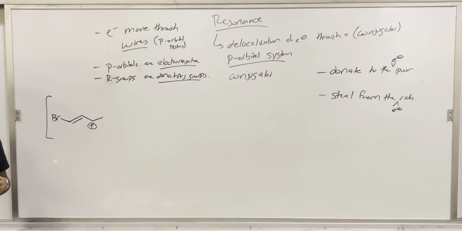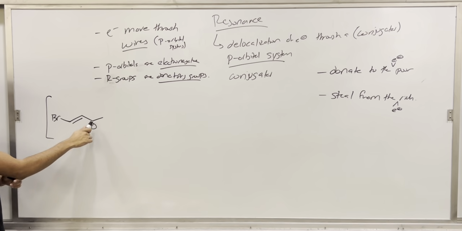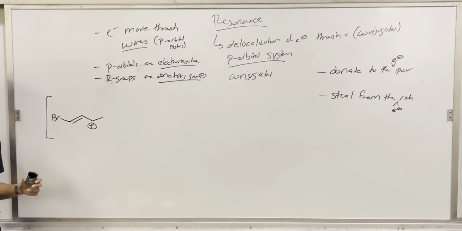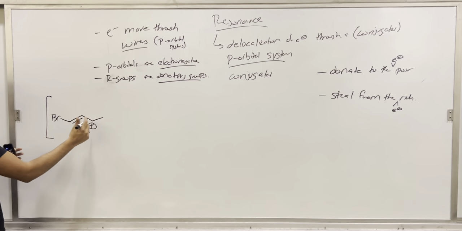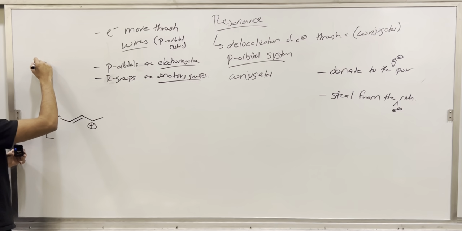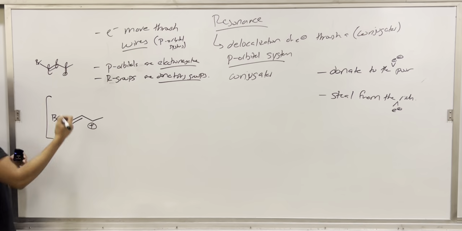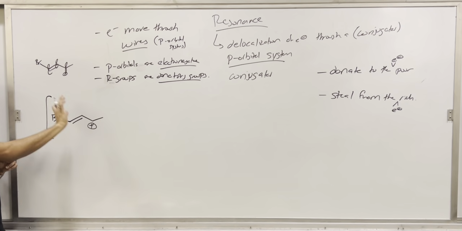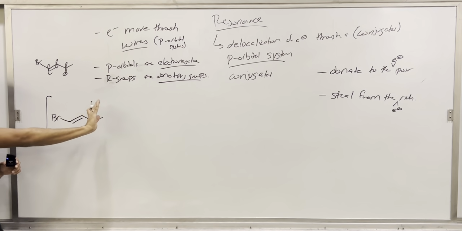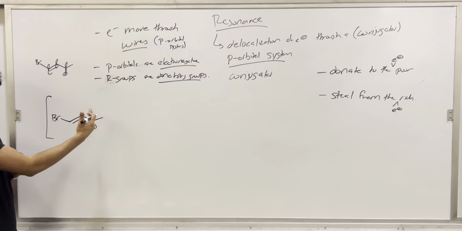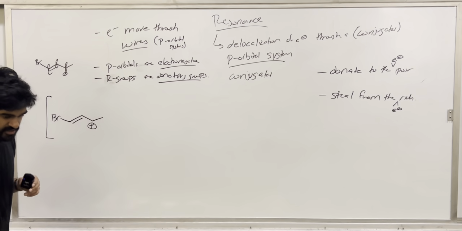Can you draw a p-orbital map? I'm sure you can. sp2, sp2, sp2. We've got 3 atoms which can contribute to the resonance, right? We've got our wire moving like this, right? That's our wire, just those 3. So this right side of the molecule is completely isolated from the wire. So it's not going to communicate. It's not going to participate in the resonance.